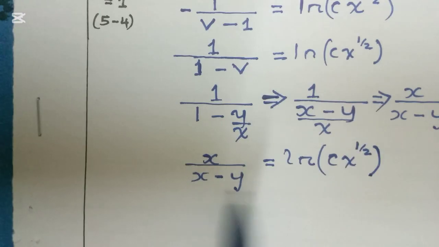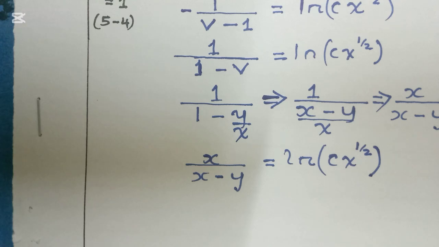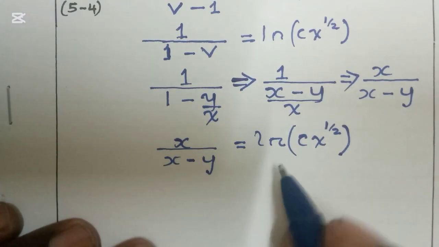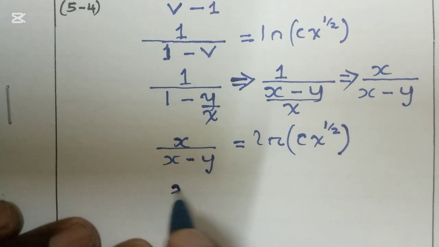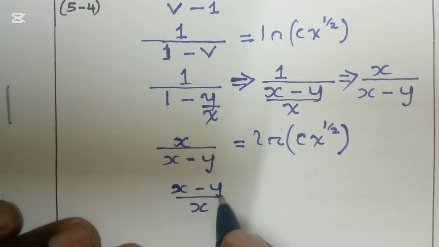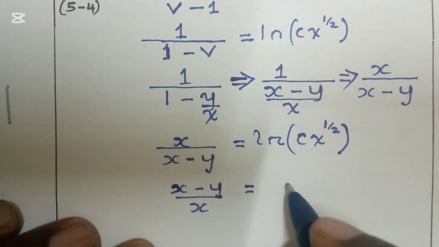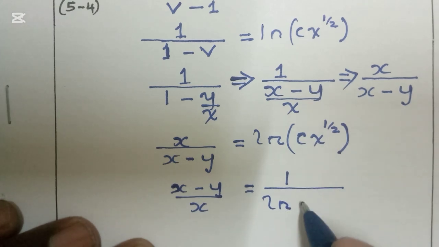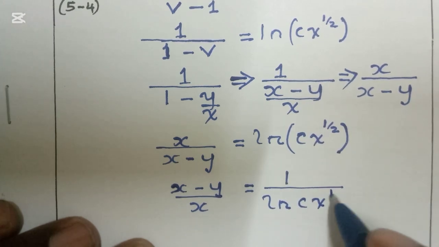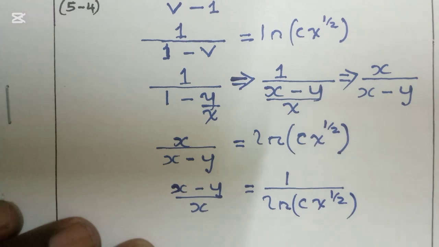So guys, this is supposed to be our solution, but we can still find the subject of the formula. That is, we make y the subject of the formula. So we do that by finding the reciprocal of that, which is now x minus y all over x. And this other side we do the same, 1 all over natural log of c x raised to a half, like that.